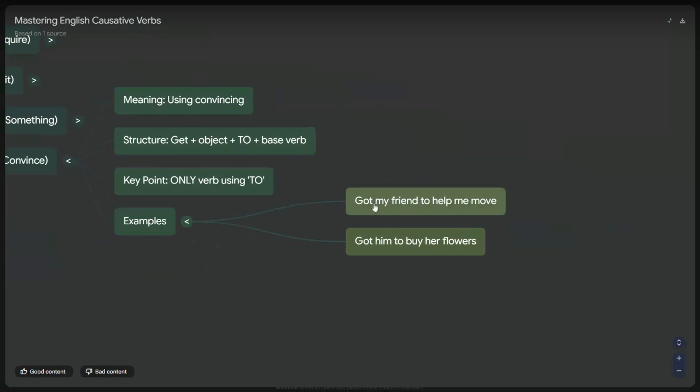So it's get plus object plus to plus base verb. Again, got him to buy: got plus object plus to plus base verb.